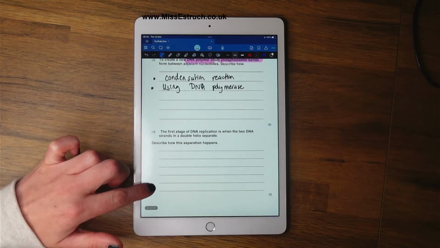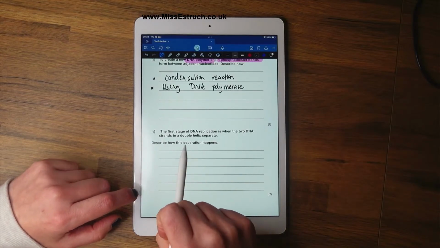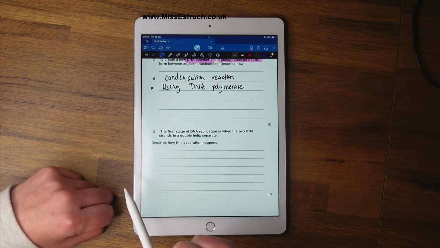Then the first stage of DNA replication is when 2 DNA strands in a double helix separate. Describe how this happens.